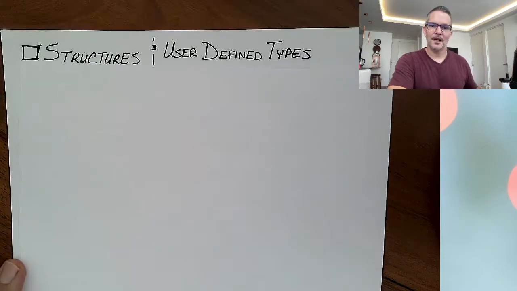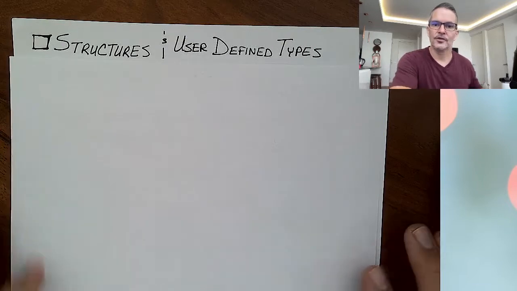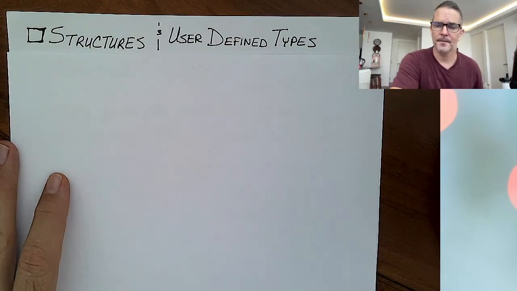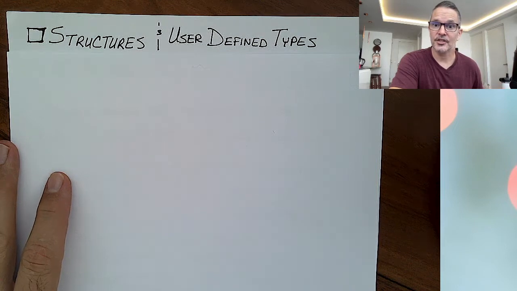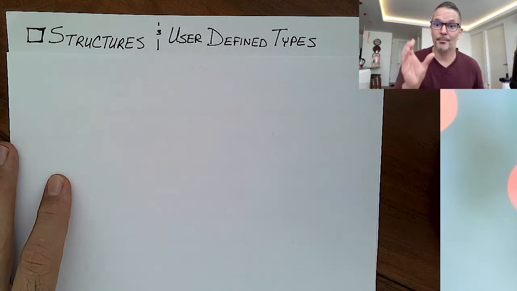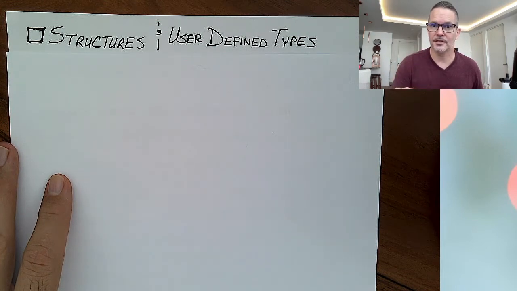So a structure is a user-defined type, and by that I mean you've seen the intrinsic types of the C programming language, the integer, the floating point, the character. We've seen how to combine those into arrays where we can have many integers, many characters represented by a single variable.